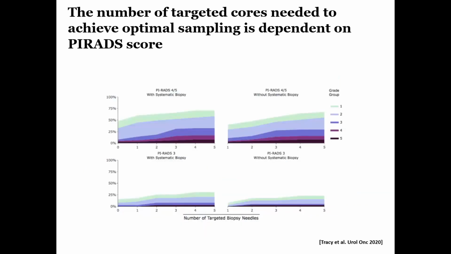Importantly, the number of targeted cores needed to achieve optimal sampling is dependent on the region of interest on MRI or PIRADS score radiology interpretation. We demonstrated that a minimum of 2 cores is needed and upwards of 3 cores based on PIRADS 3 or higher prostate cancer to achieve the maximum amount of higher grade detection in patients.